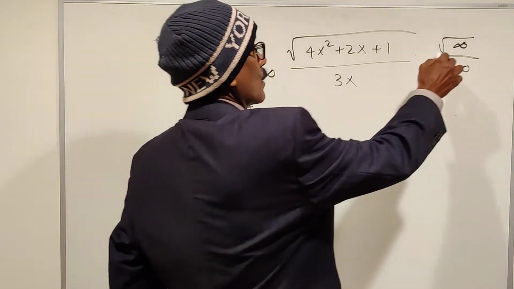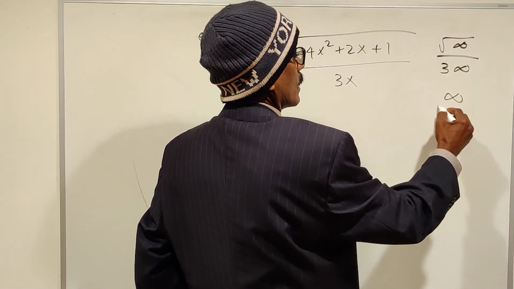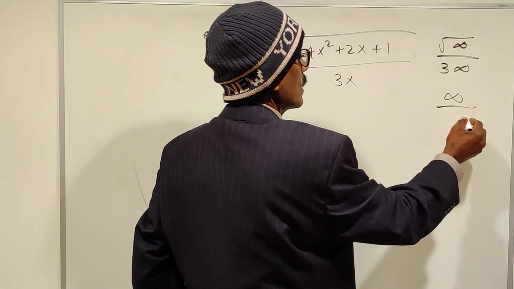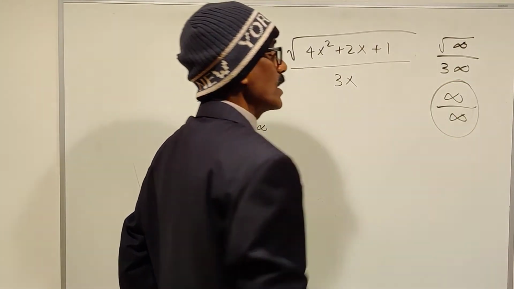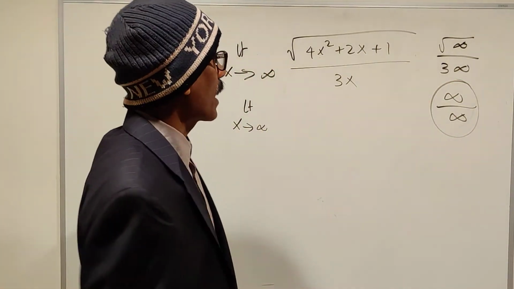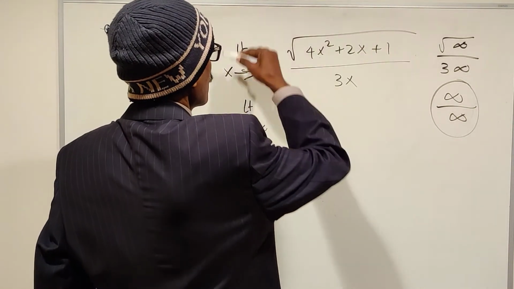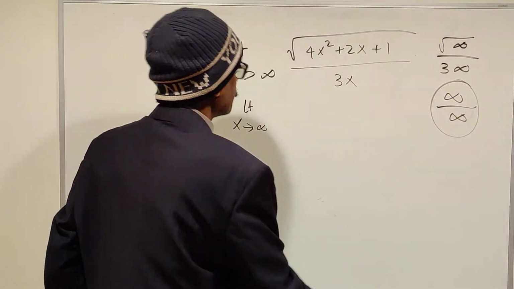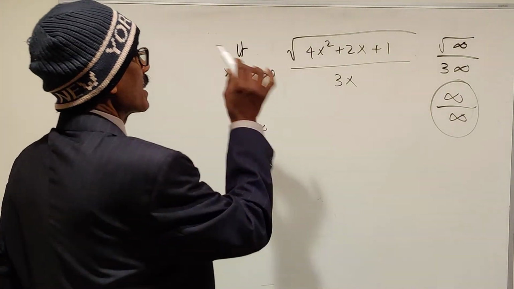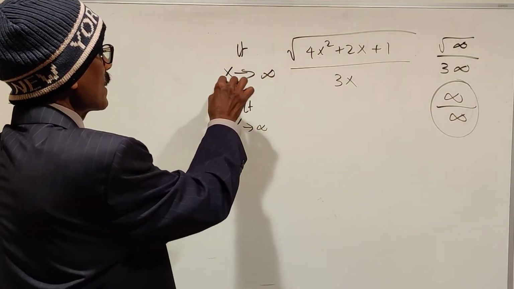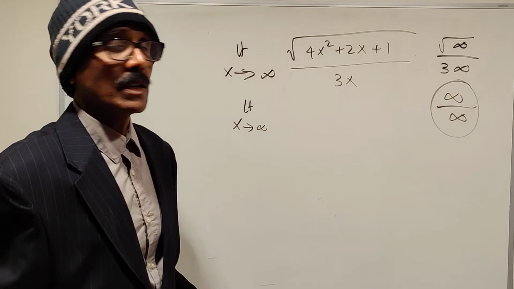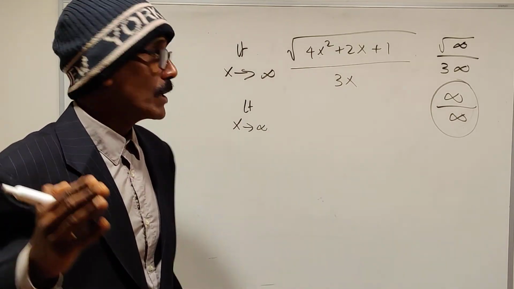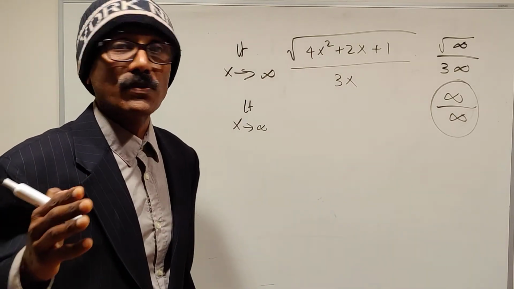Okay, what is square root of infinity? That is also infinity. Divided by 3 times infinite, infinite. So infinite by infinite, we cannot determine the value. So there is a limit value for this function. What is the method? If the question is like limit x tends to infinity, what you are going to do first?